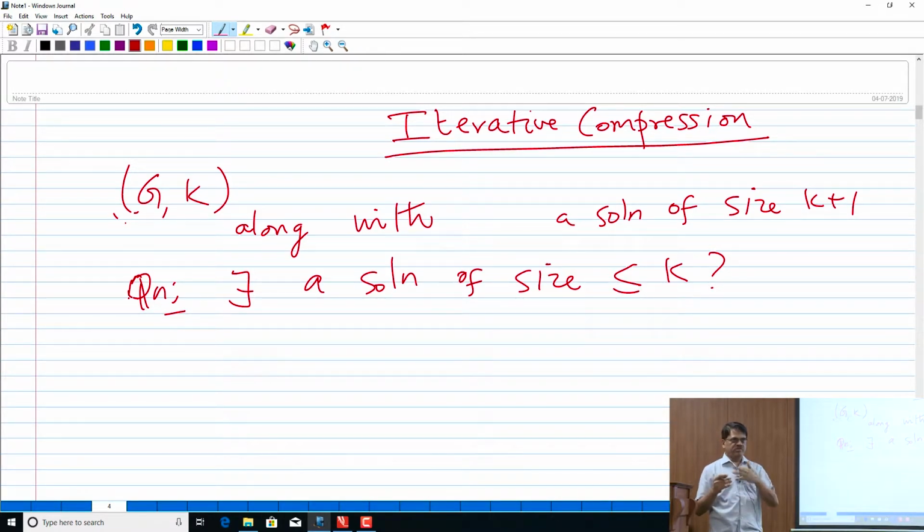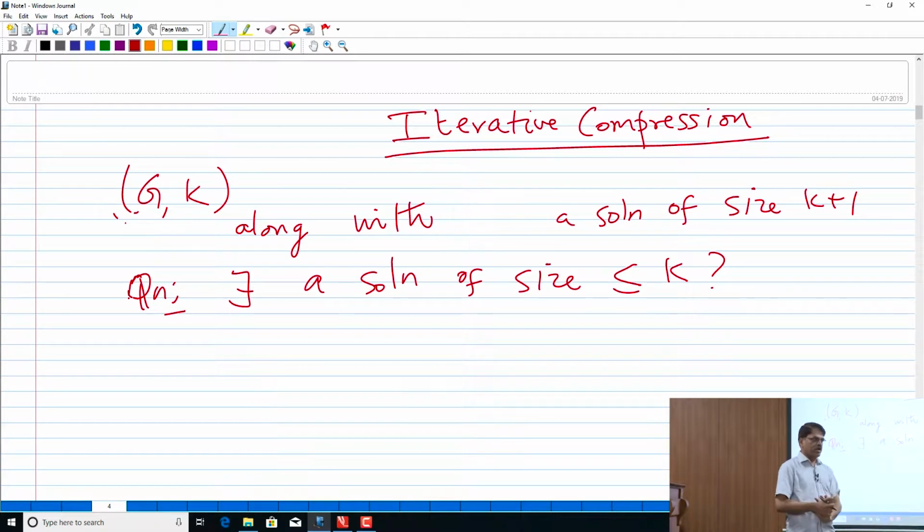It could be vertex cover, it could be feedback vertex set. We will try both. But in addition, I will make life simpler for you and give you a solution of size k plus 1. Now I ask you, can you detect whether there is a solution of size at most k? And then I will come back to the question of who gives me this solution of size k plus 1. We will come to that later.